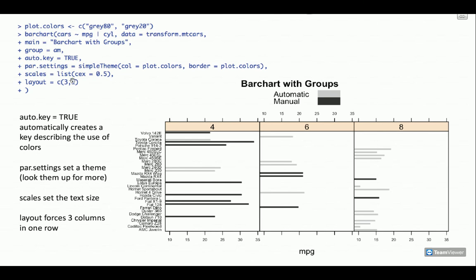So to be able to display this data in terms of whether these cars are automatic or manual, you have to give this complicated parameter setting of the color scheme, where you have used the two shades of gray, and put it in this parameter setting to be able to distinguish these bars in terms of automatic and manual transmission.